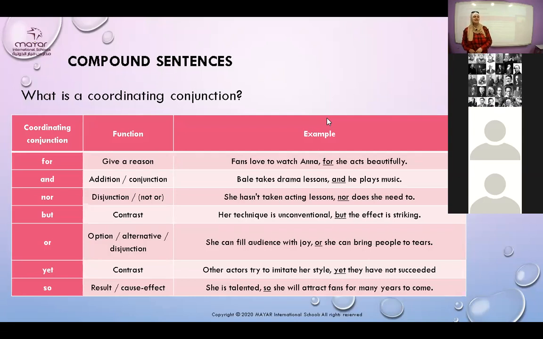And a good simple sentence. Thank you. A compound sentence with and, because usually, believe me, it's the most difficult example to give. If I ask you to give me sentences with for, so, or but, it's easier for you. But with and, it's more difficult.